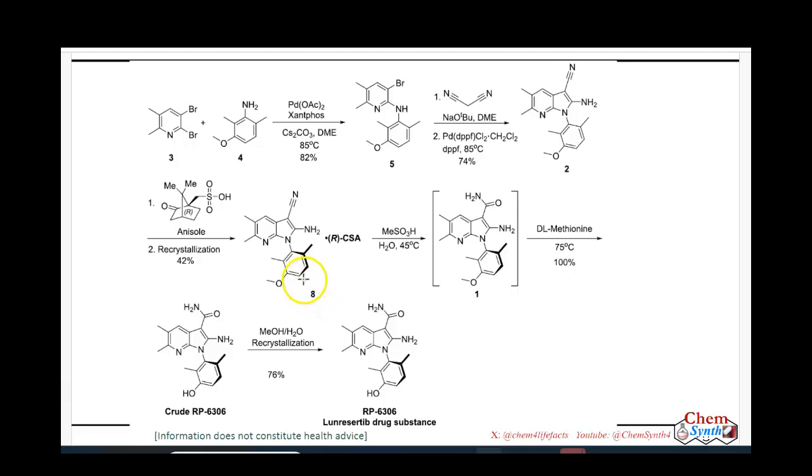Intermediate 8, and here they treated this intermediate with this methanesulfonic acid, and without isolating this carboxamide they treated with this DL-methionine for this demethylation and getting this molecule as the crude material.